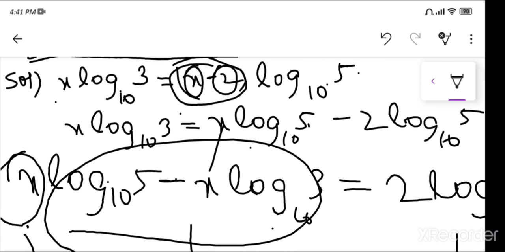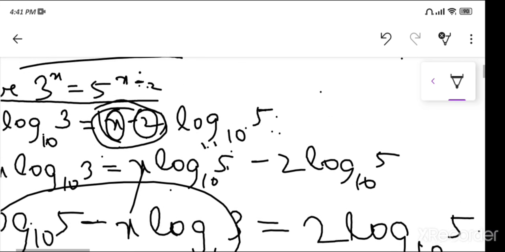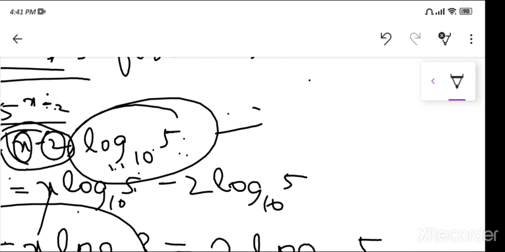Then you need to simplify this. Here you need to multiply x with the log 5 to the base 10, and also minus 2 with the log 5 to the base 10. You can just divide it. So take this as common.